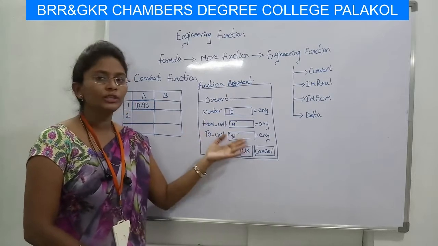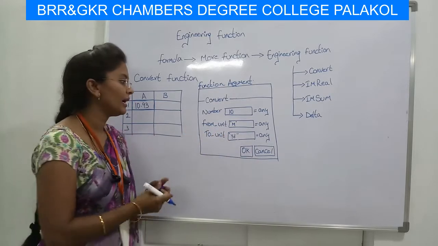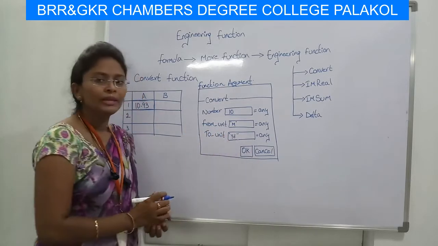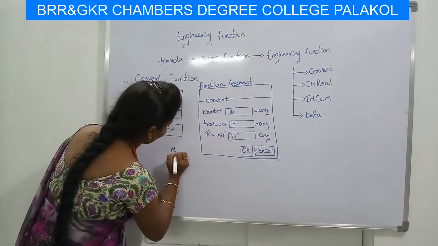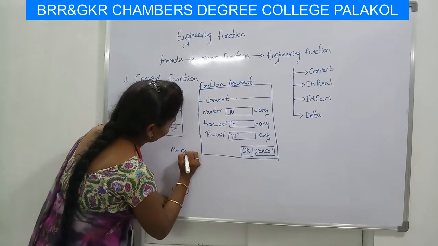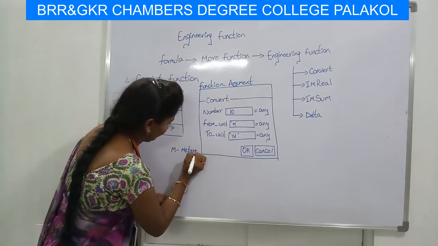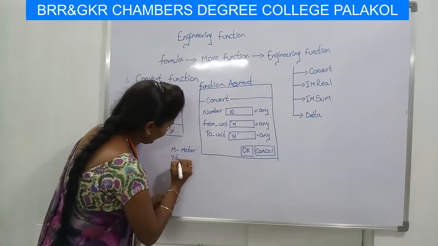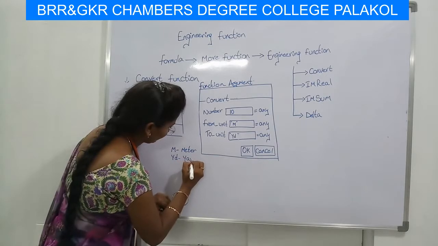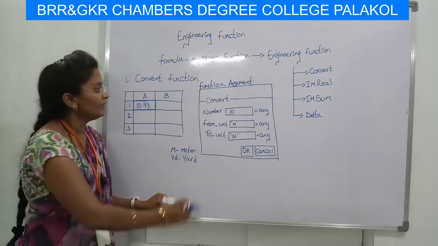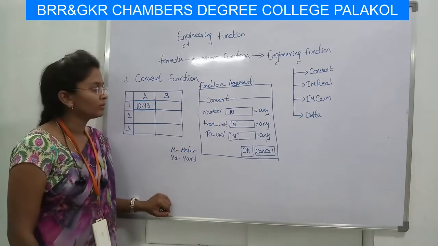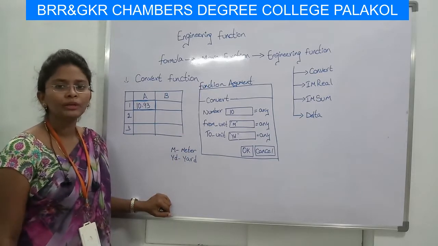I want to convert into yards, that's why I entered YD here. M means meters and YD means yard. And this is the way to convert meters into the yards.